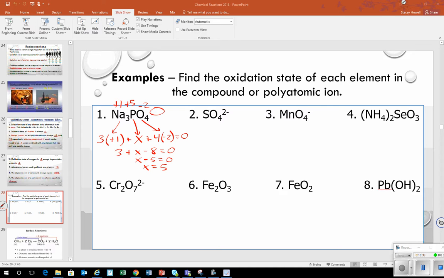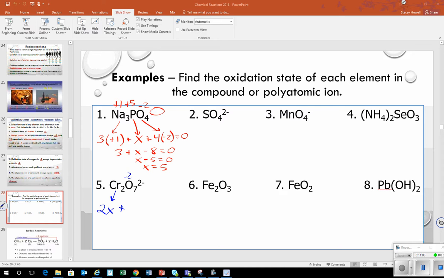Okay, so I need to be able to find out what each individual element in a compound or polyatomic ion is for this redox. So let's do this next one here. Dichromate has a -2 charge. I don't know the charge on chromium, so I'm going to put 2x, because I have 2 chromiums. Plus, I have 7 oxygens.